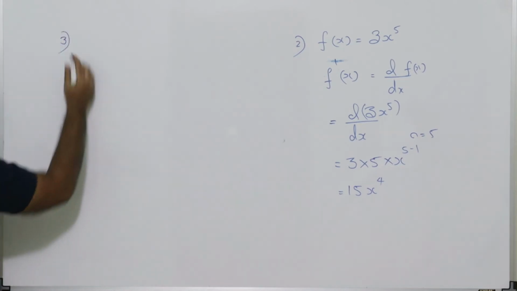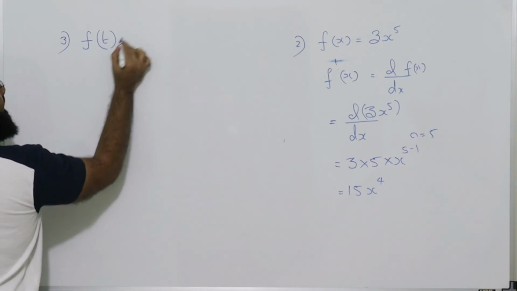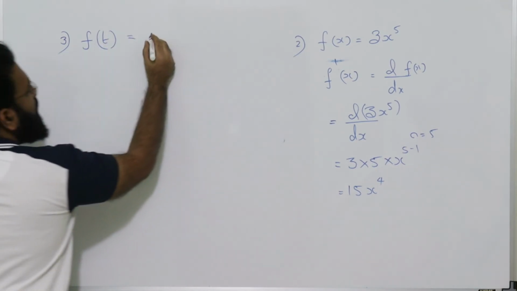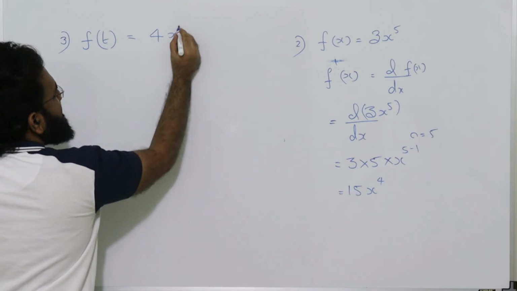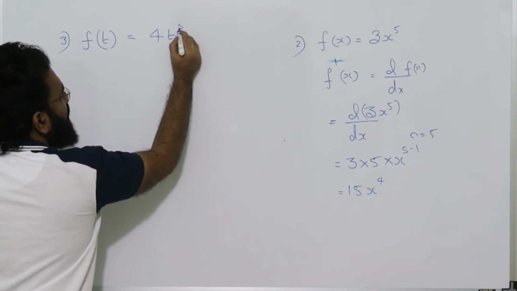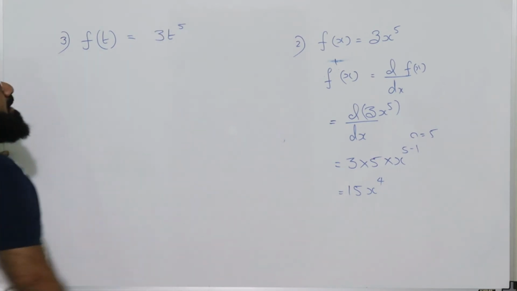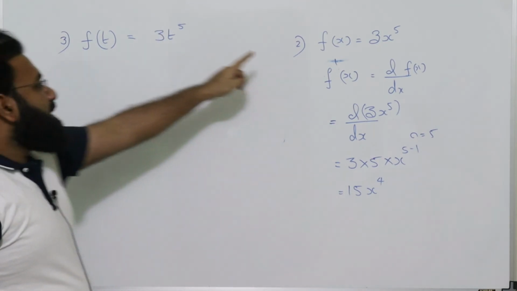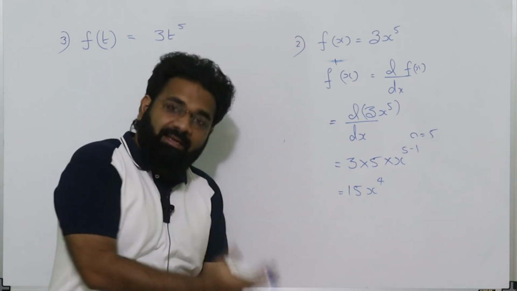Suppose, another example. Suppose I get f of t is equal to 3t raised to 5. We take the same function. See, this is a function of x, changing with respect to x.